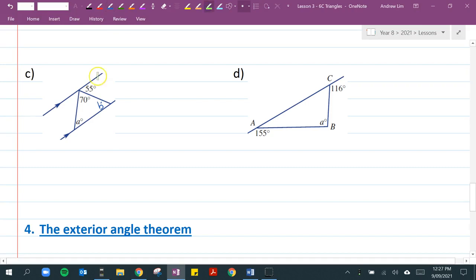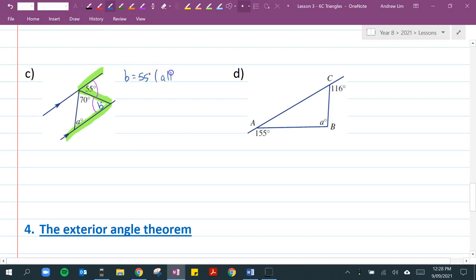And using my knowledge of alternate angles on parallel lines, so here's a Z. On parallel lines, these two angles here, these alternate angles, they're equal. So I'm going to write here that B is equal to 55 degrees. Why?